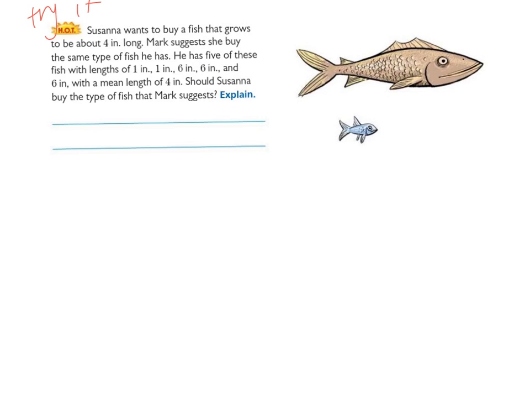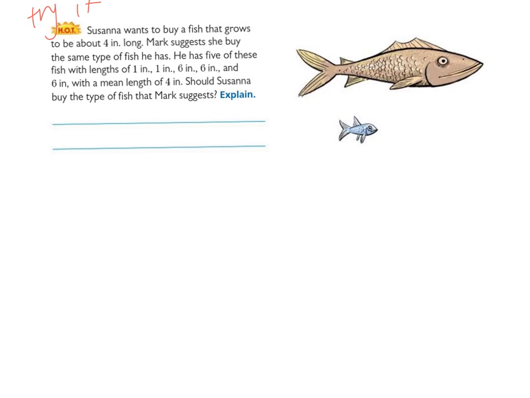Now, here's a try it problem. These ones you should be able to do on your own because these are actually going to be using a lot of the skills you've already done. So here we have Susanna. She wants to buy a fish. Now her fish, she wants it to grow to be 4 inches. Okay? So Mark suggests she buys the same type of fish he has.